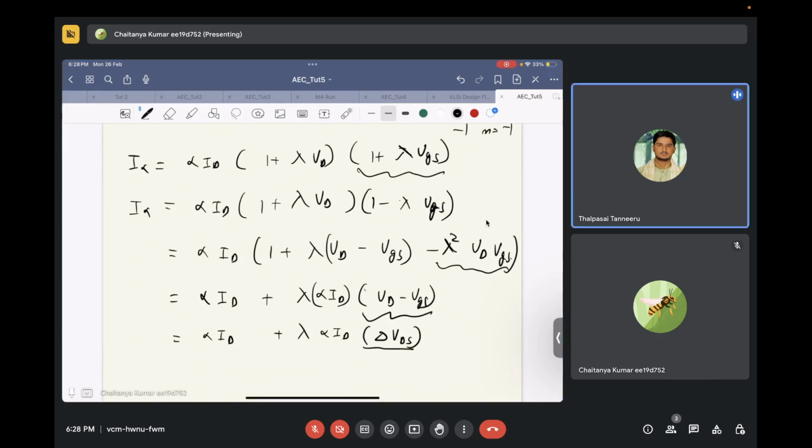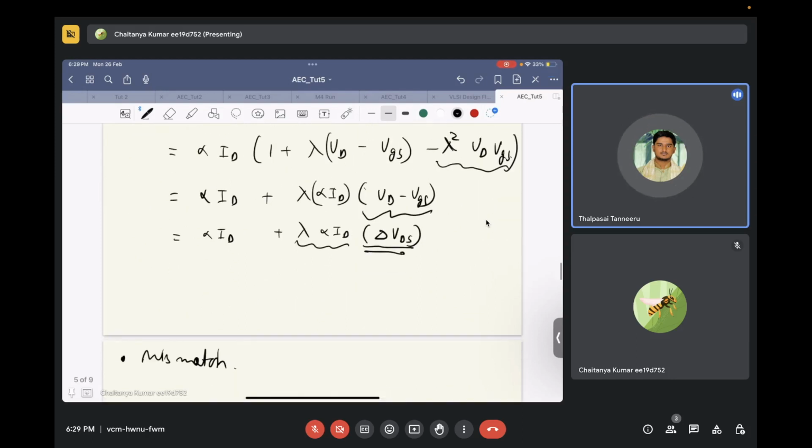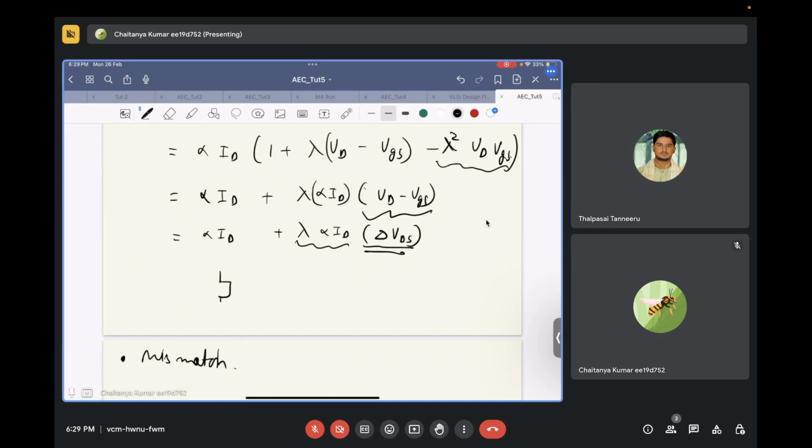Now, what is this lambda times alpha ID? Lambda is the channel length modulation parameter, right? Let's say you tell it this way. This was like this.